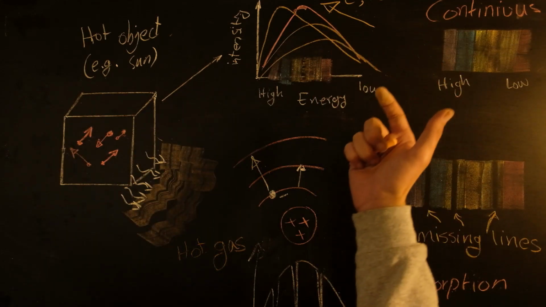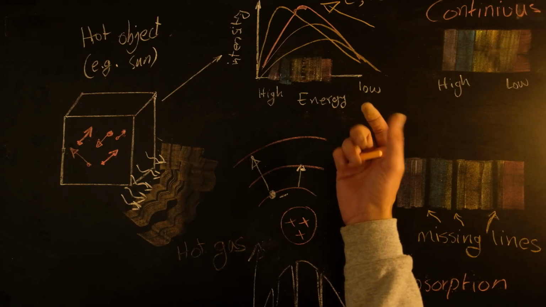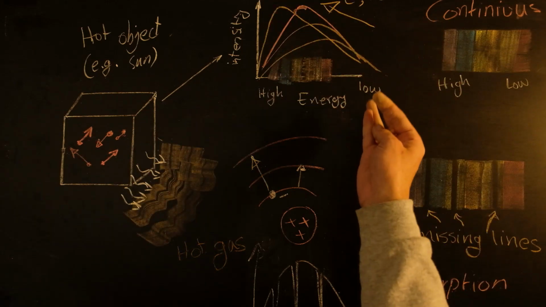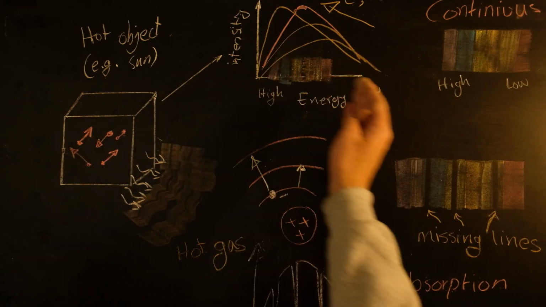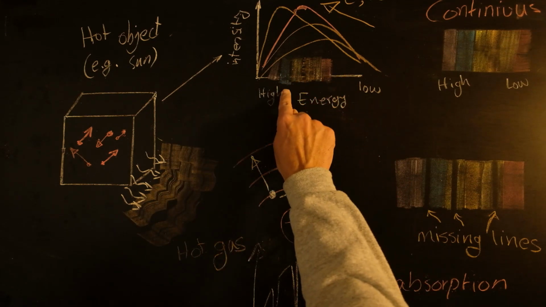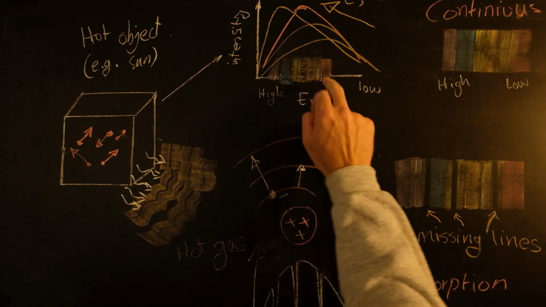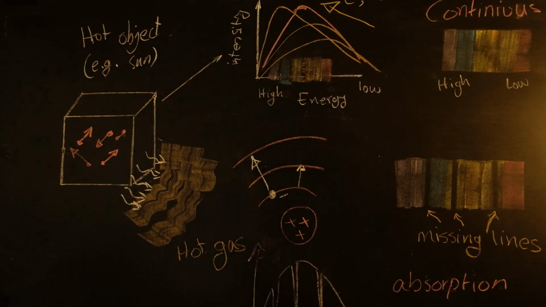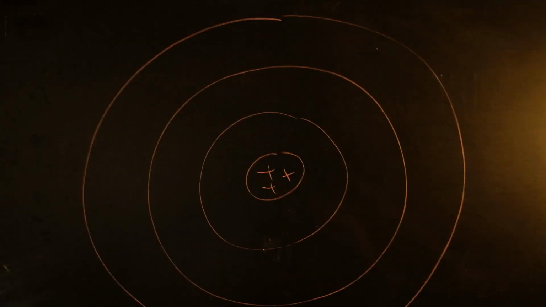Increasing energy or increasing temperature will result in a shift in this spectrum, and this shift means a different color. Okay, that's the main reason if we compare stars, a red star and a blue star, we can say the red star is cooler than the blue star without any measurement.